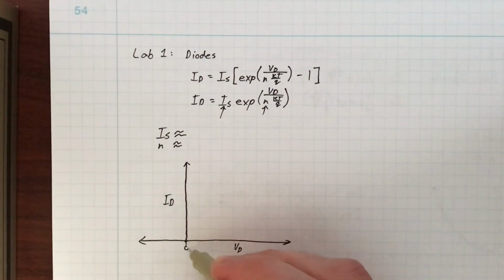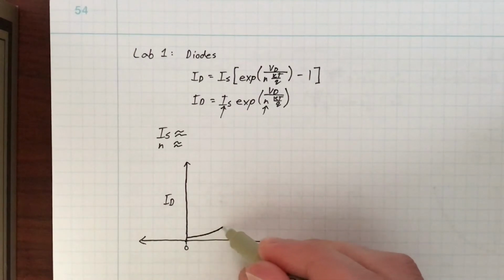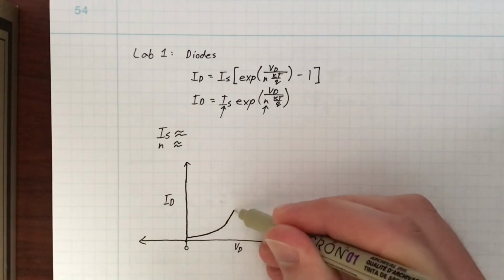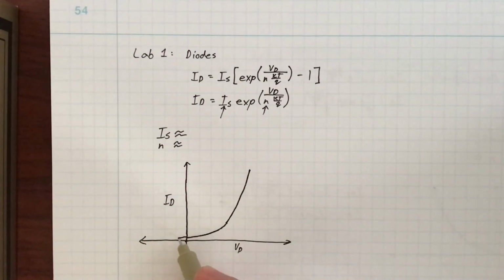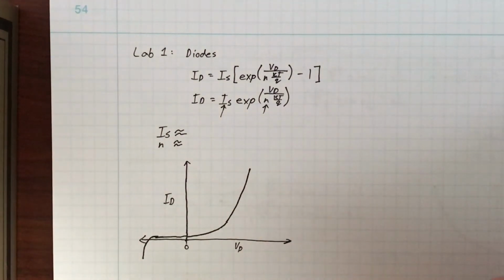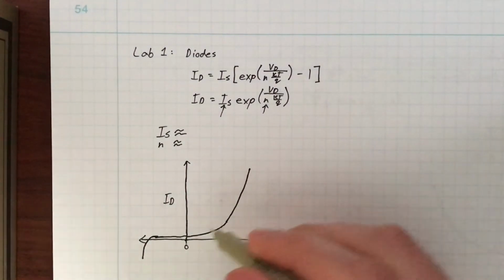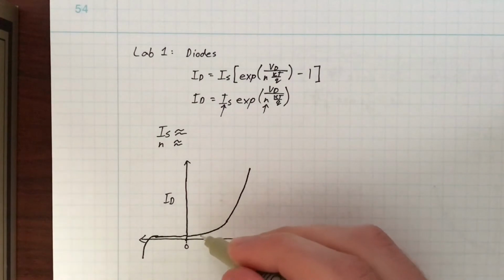And we'll call that 0. And if you plot this, it should look like an exponential function based on that equation that we have. And it goes into the negative direction as well, and eventually you break down the diode and it looks something like that. But we're going to stay in this forward bias region for this lab.